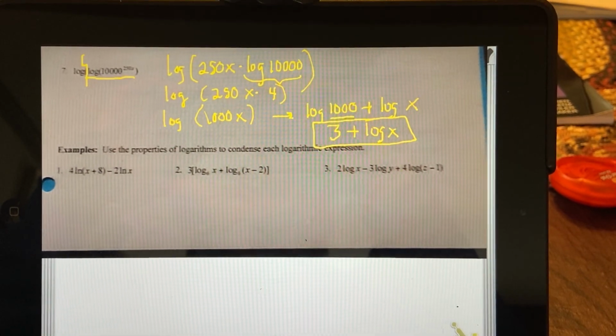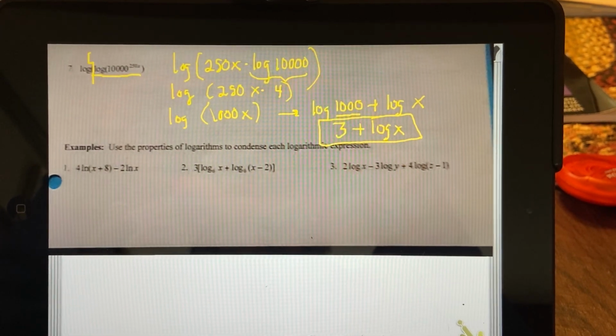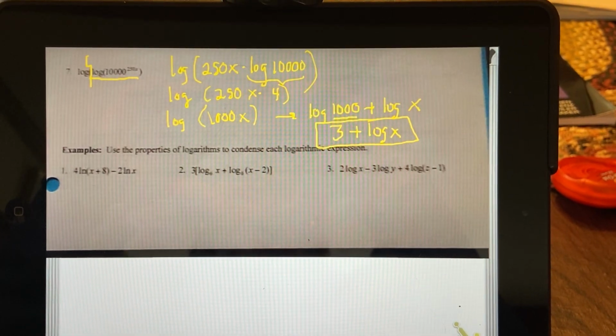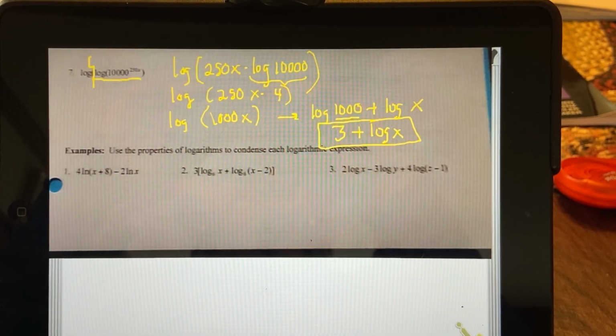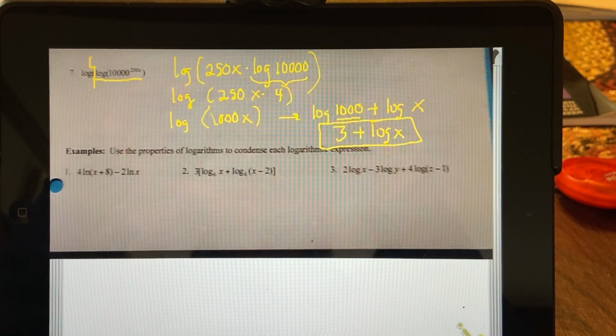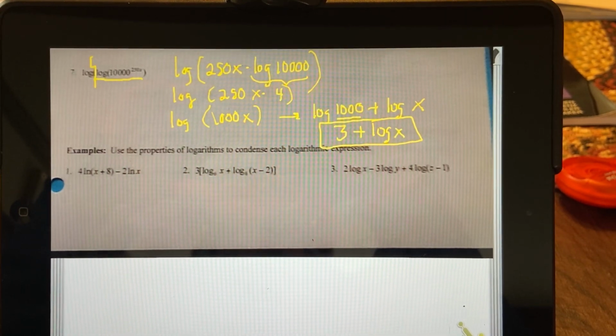All right. Now, those first 7 questions were expanding. These next ones are condensing. So I'm just going to try to see what operation connects these logarithms together. So when I get to number 1, on this next part, I'm going to look right here.